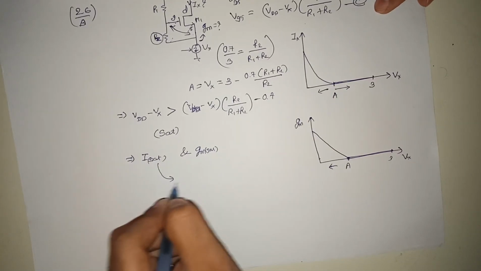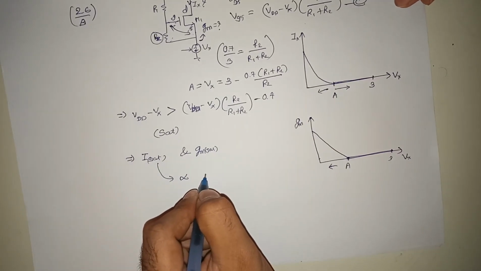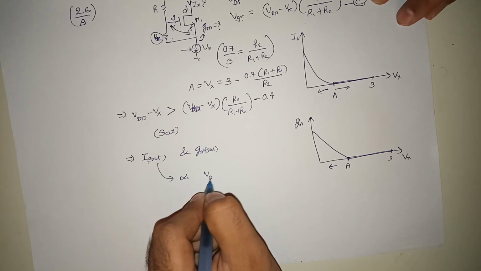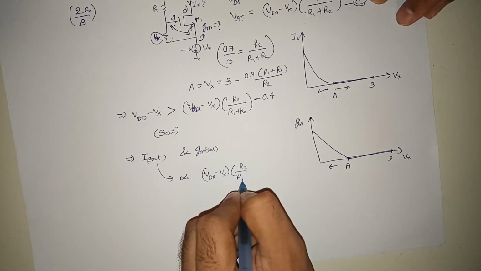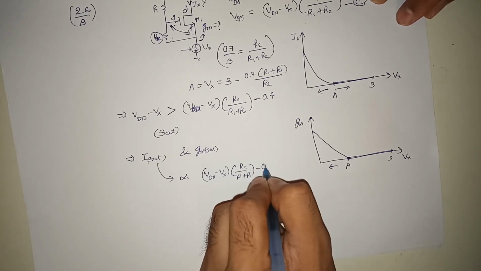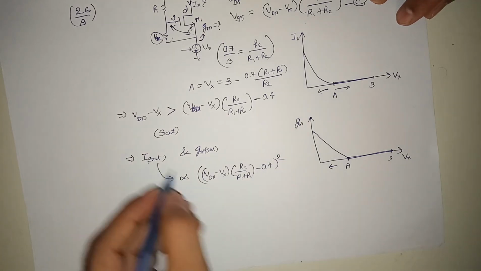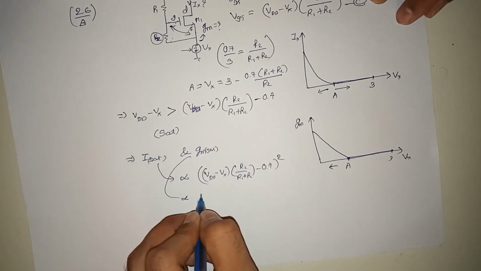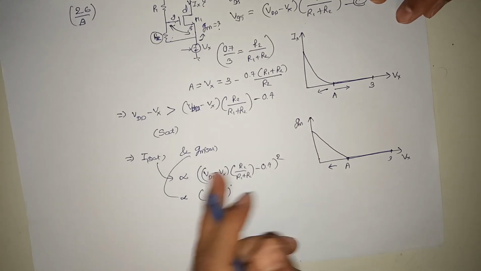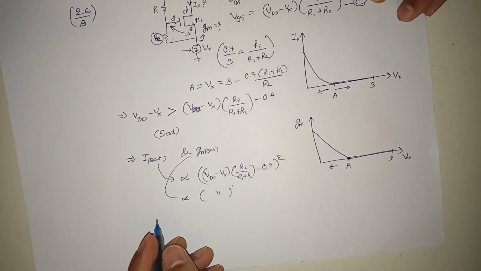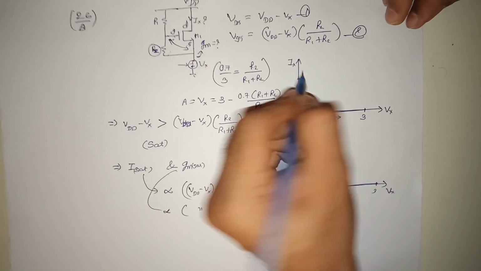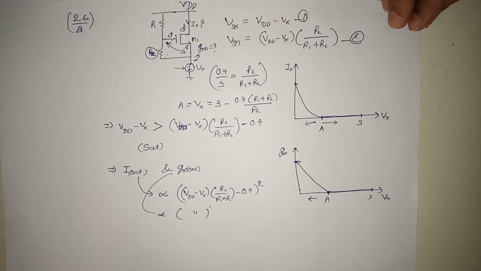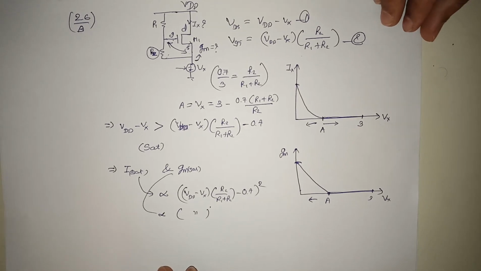Because in the equation of I, it is proportional to VGS, that is VDD minus Vx, times R2 by R1 plus R2, minus 0.7, squared, and Gm is proportional to the same ratio, but not the same value, and the square will not be there. Okay, so you will get this. You can find this point if you have R1 and R2 with values. Okay, so this is the solution of problem 2.6 part B. We'll see part C after this.